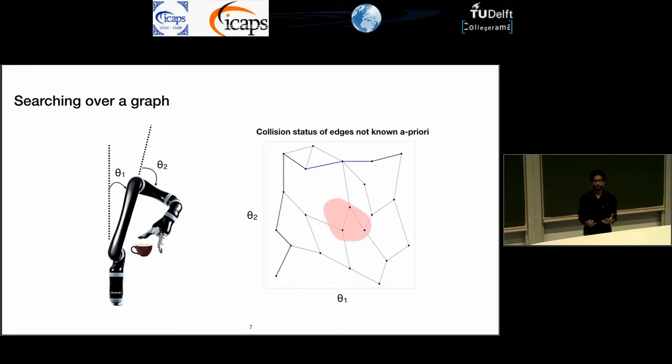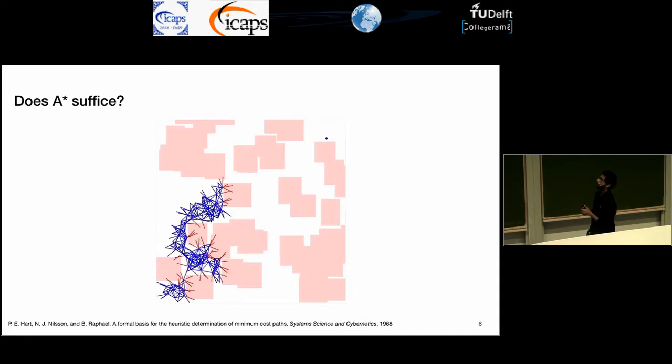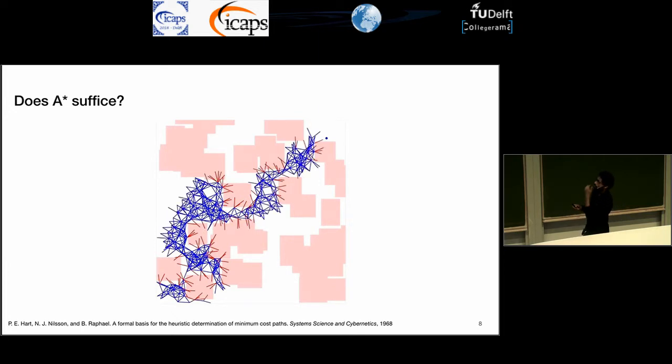So the search algorithm that we employ needs to determine online which of the edges are free while searching for the optimal path. Since we have reduced the planning problem in a continuous space to a search over a graph, one natural thing to do is to employ A-star. Here you see the edges that are being highlighted are the ones that are being checked for collision. The blue ones are the ones that are free, and the red ones are the ones in collision.